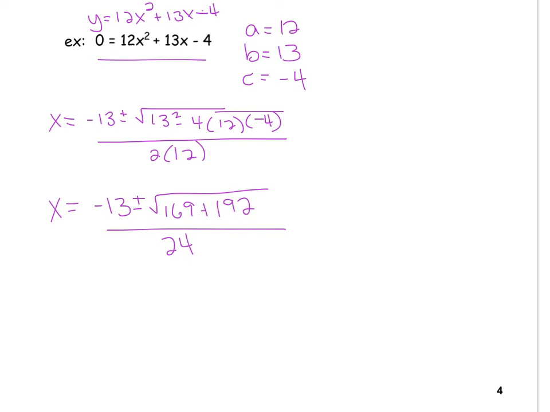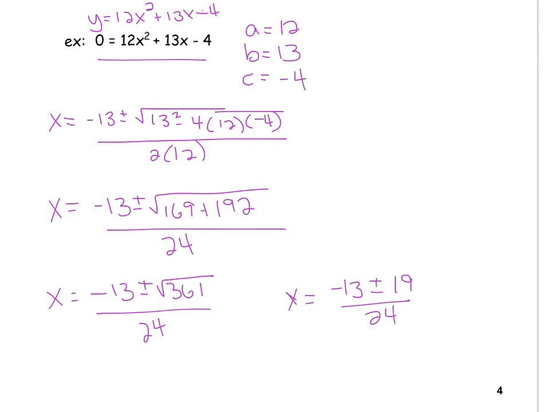So I have 169 and 192: negative 13 plus or minus the square root of 361 over 24. That is a perfect square, so x equals negative 13 plus or minus 19 over 24.